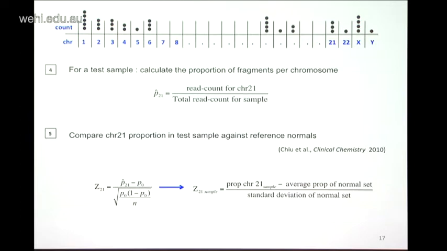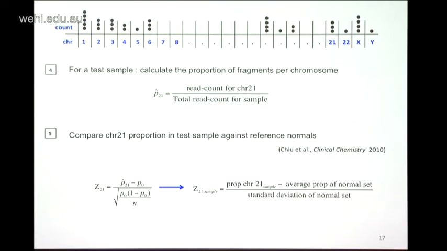Then you can compare this proportion to the average of normal samples via a simple Z-score test. Basically, you get that proportion, subtract the average of a normal set. These are references which come from pregnancies with normal, non-trisomy fetuses.